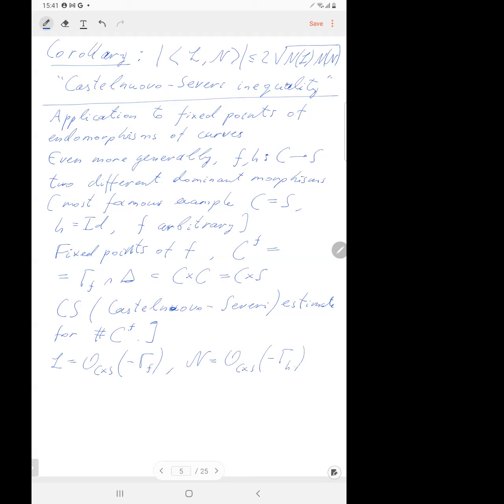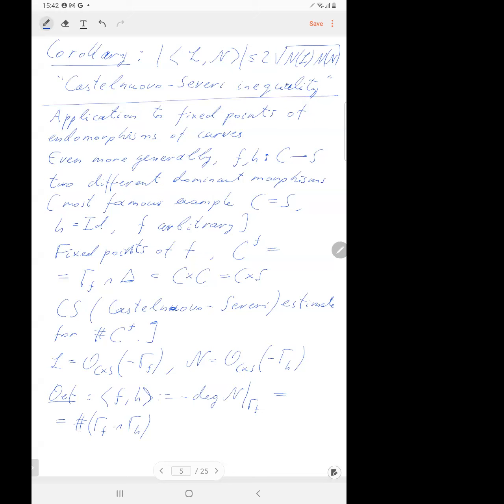Okay, and now we define the pairing of F and H, of two morphisms from one curve to another curve, as the negative degree of N restricted to the graph of F. And in fact, this is the same as the number of points in the intersection of gamma F and gamma H, but the two graphs may have tangent points.